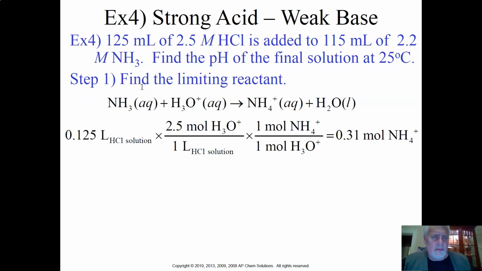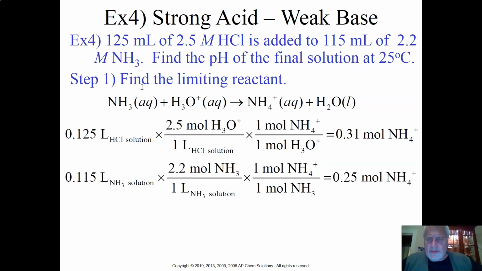You're going to do the moles, and I'm going to go through this relatively quickly because we have been down this road before. This is a liter to mole conversion using the same thing that we've done. We got our mole to mole using the balanced chemical equation.